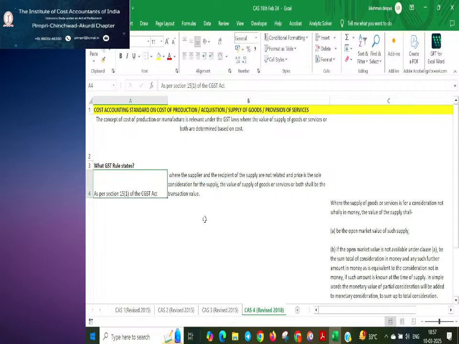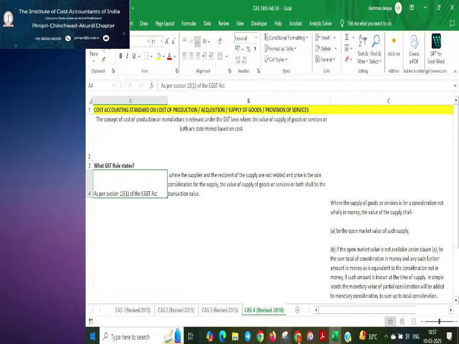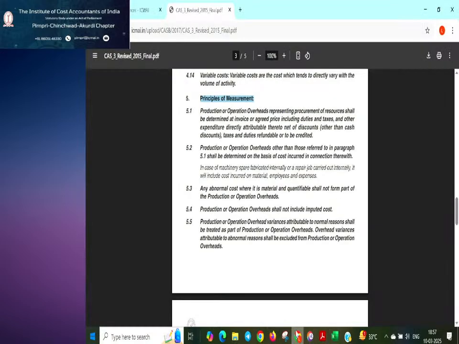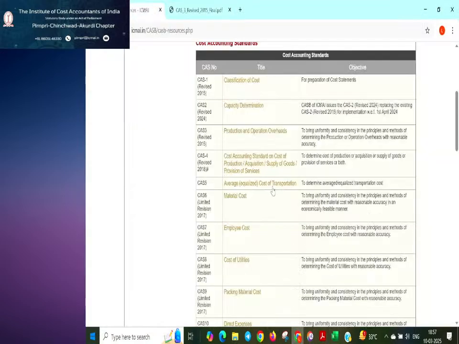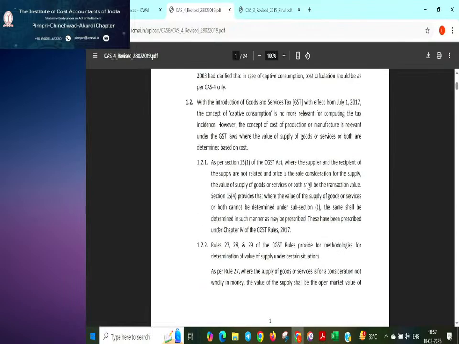So what does the GST rule state? There are certain things that the GST rule states that I'll directly go through. So this is cost accounting standard 4. What does the GST say?